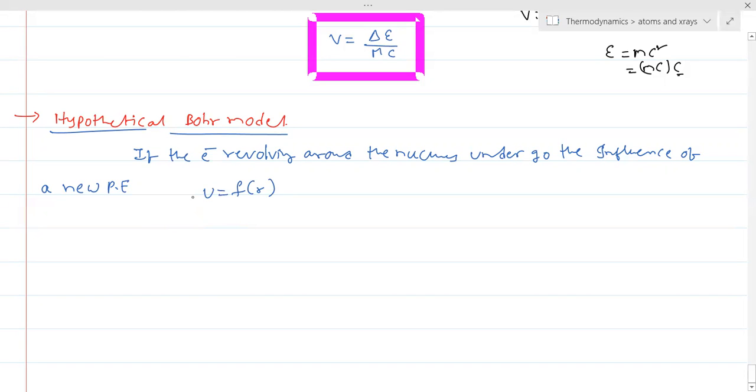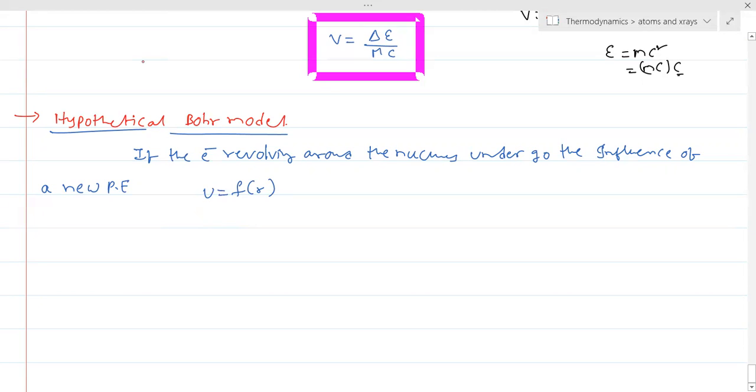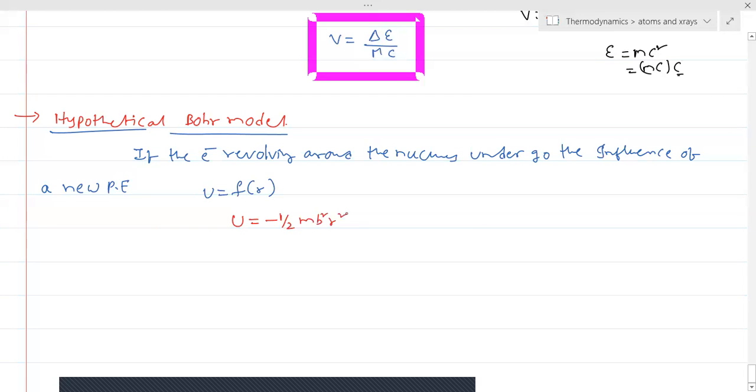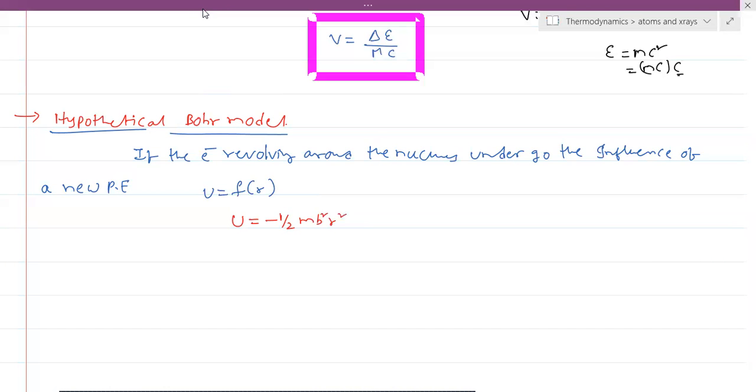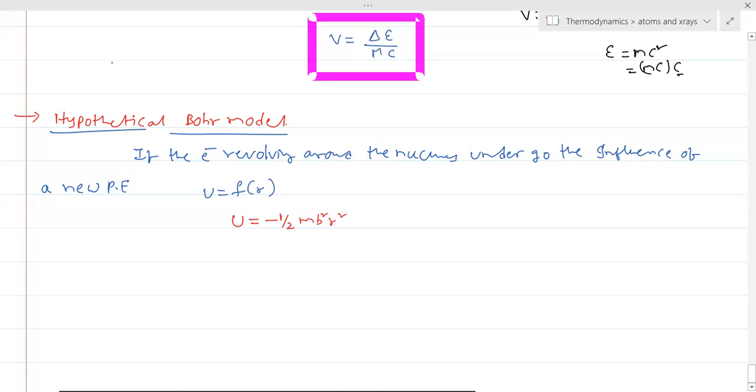I'm taking a problem here. Suppose they provide U as minus half into m b square into r square. Now they will ask you to find the velocity or radius.